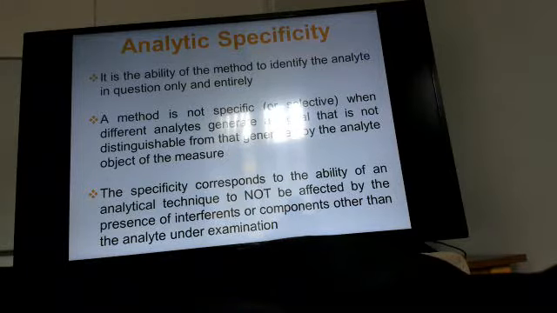But if I ask how many yellow fish you see, the technique has to be able not only to detect fish, but also to selectively identify them. If I say measure carbohydrates in the blood, you can say you have carbohydrates, but how much glucose, how much fructose? They are similar in chemical structure, so they can interfere with each other. The more similar the products, the more interference you can have.